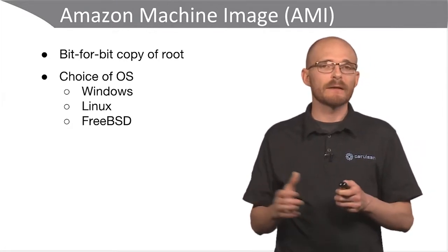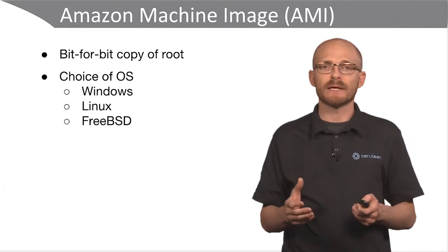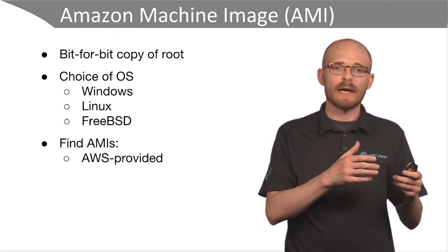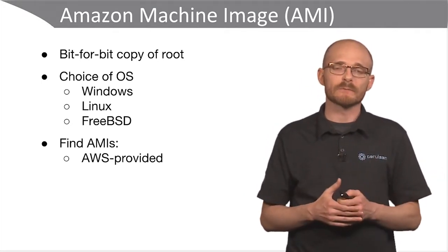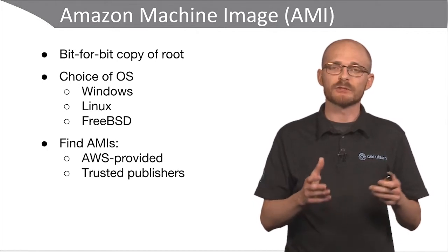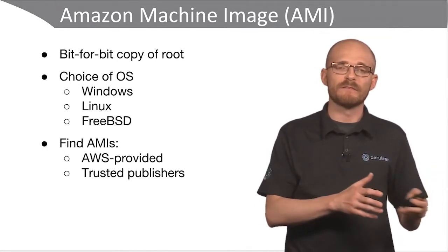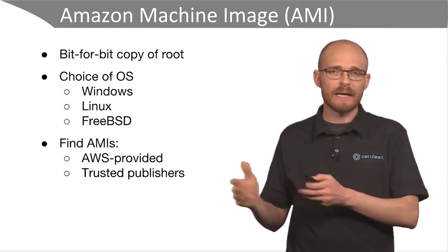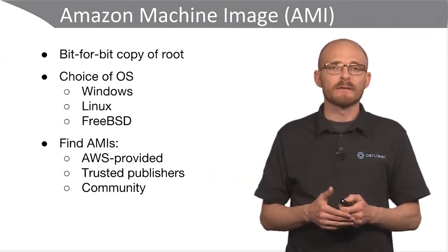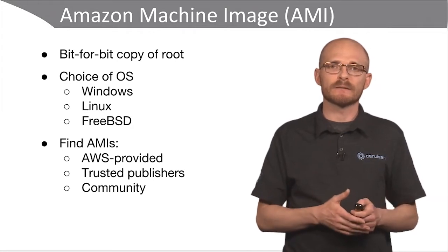And we can find the Amazon machine image in a number of places. We can find them provided by AWS directly. We can find them from trusted publishers such as Microsoft, Debian, Canonical for Ubuntu, Red Hat for Red Hat Linux, and so on. There's also the community AMIs.